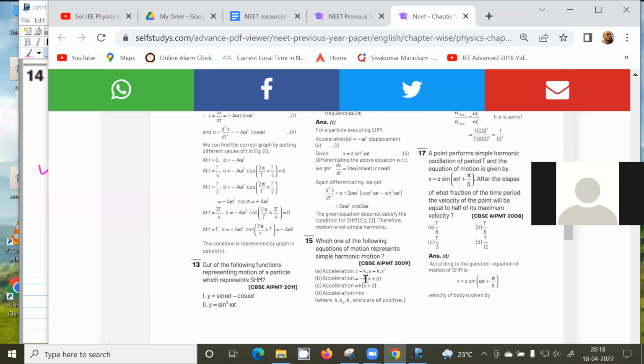It depends only linearly on x. E is also out, it depends quadratically on x, and it should be minus x. So only B is remaining.